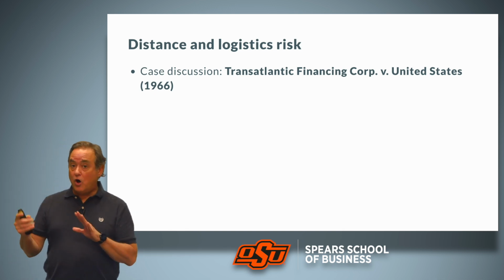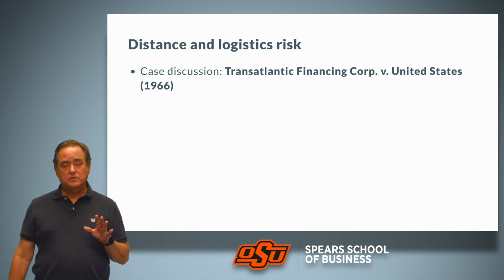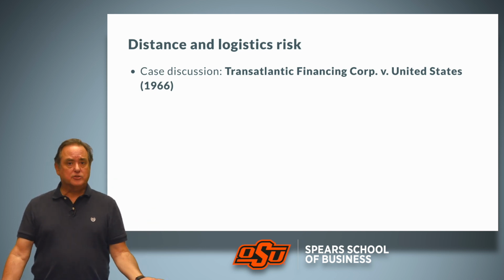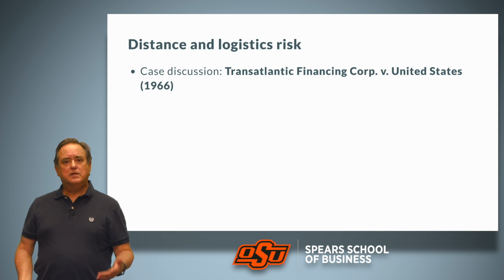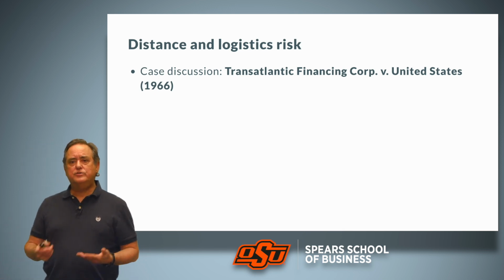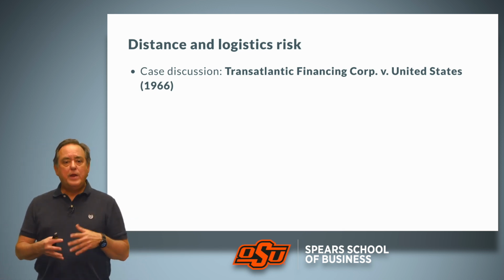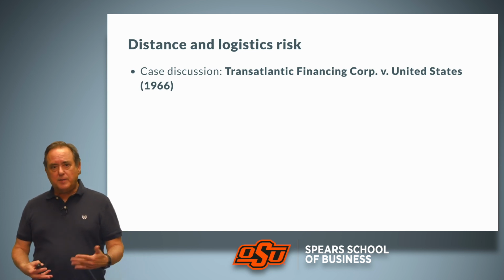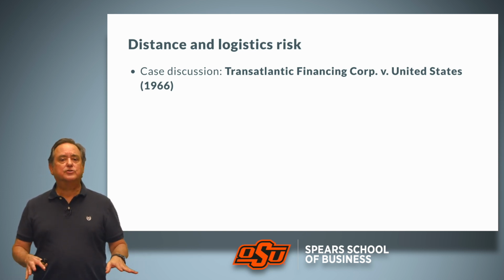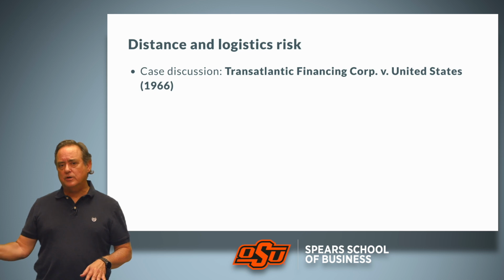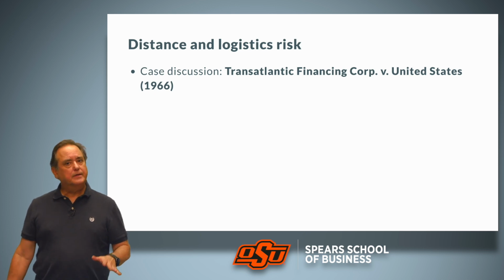So a lot longer time period is going to pass. And that involves what? Costs, additional cost. So Transatlantic Financing Corp sues the United States saying, we want the extra money that it will cost because of the factors that we had no control over, which was the closure of the Suez Canal.